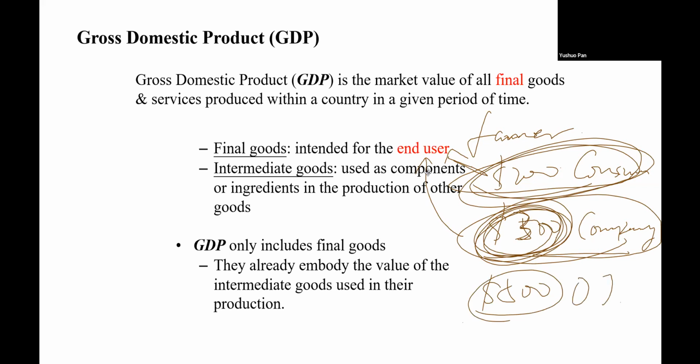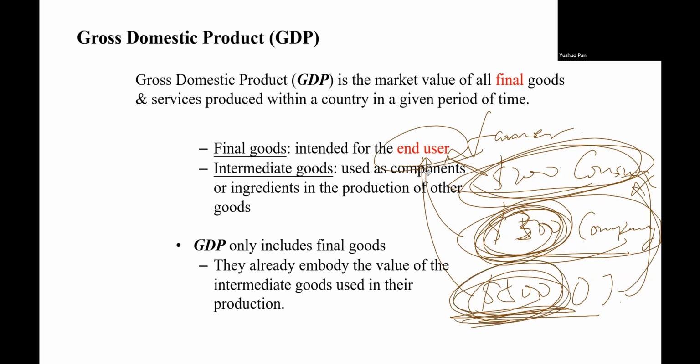And sell this orange juice in the market to the consumer. So in that case, this $500, that's the final good. And that final goods we're going to sell to the consumers, that's the end user. This $500 will count as the GDP. And this $300, the reason why it doesn't count, just because this $500 include this $300.